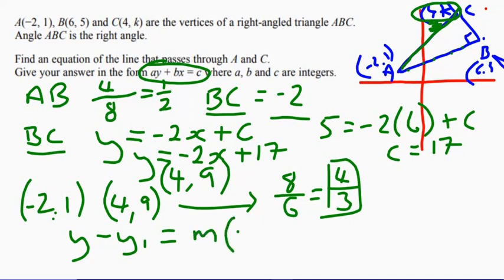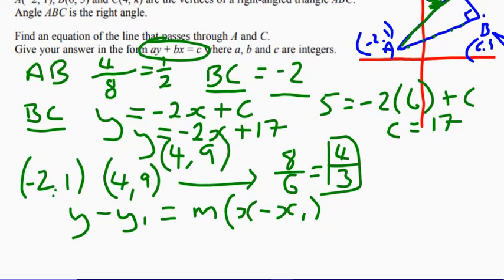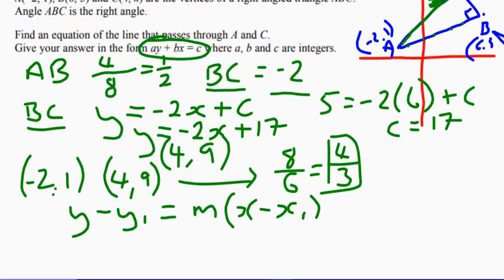This will give me the equation of any straight line. If I substitute in one of those points and the gradient of 4 over 3, let's see where we get to. I'm going to use the point (4, 9). I think that'd be easiest to work with.